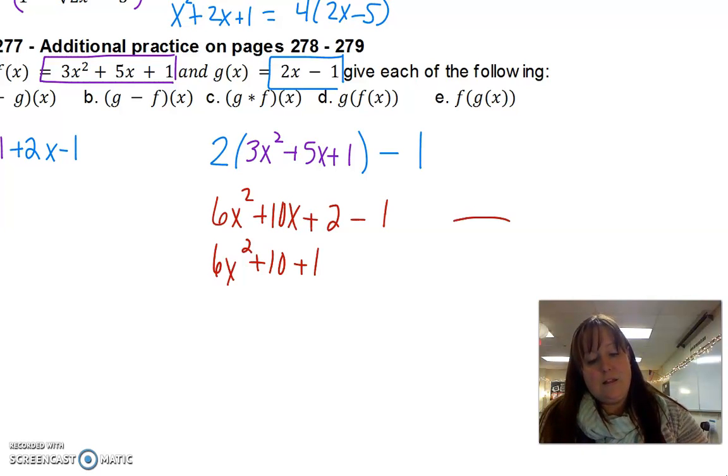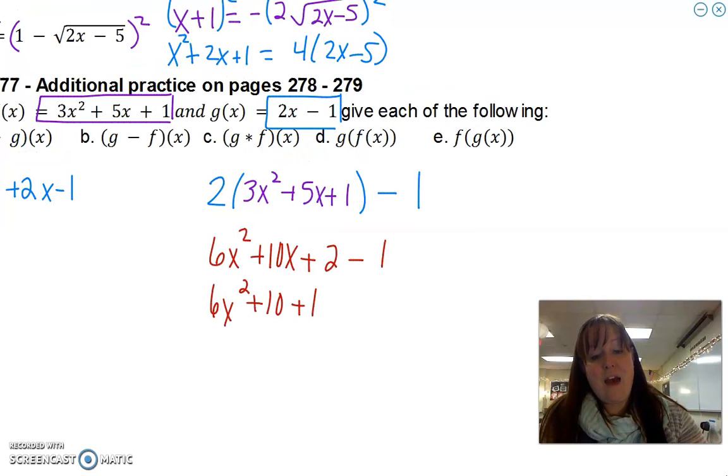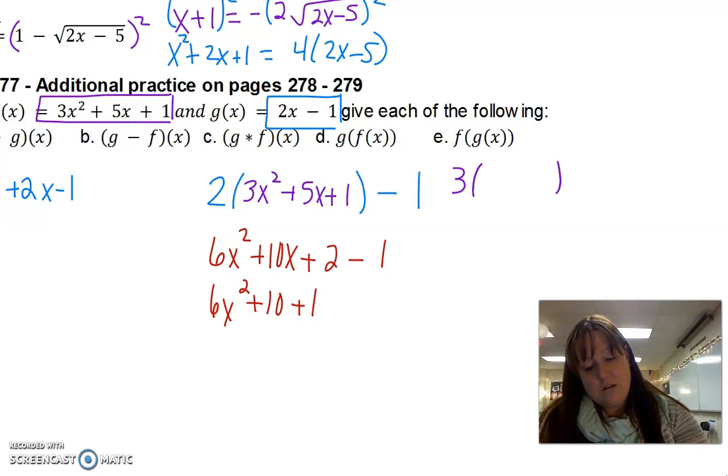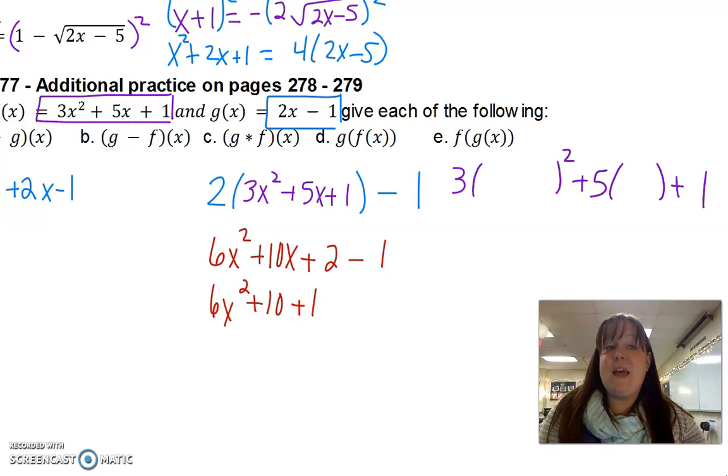All right, and the last but not least one on this one is f of g of x. So again, this means we're putting g inside of f. Okay, so f is 3 times something squared plus 5 times something plus 1. Okay, and everywhere there was an x in f, we're going to put in g of x.